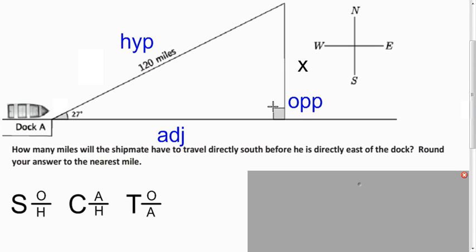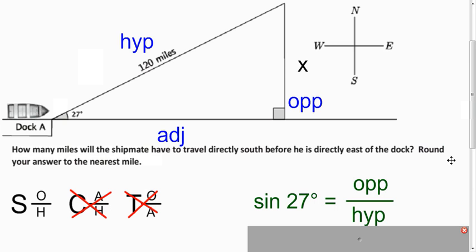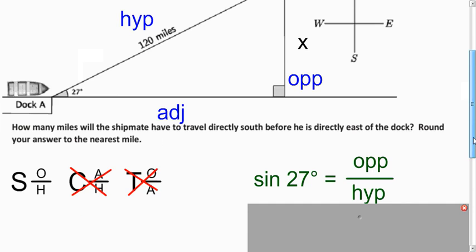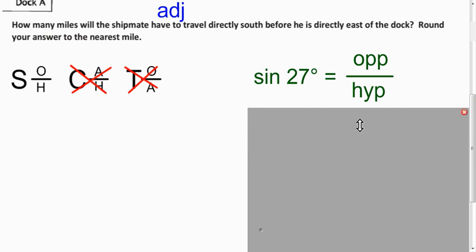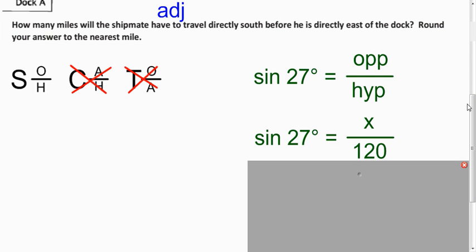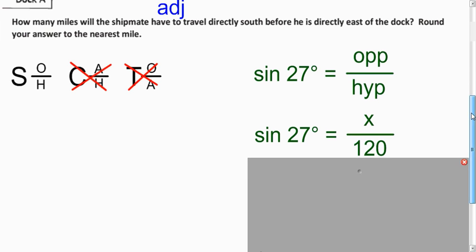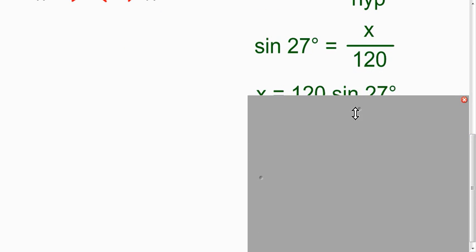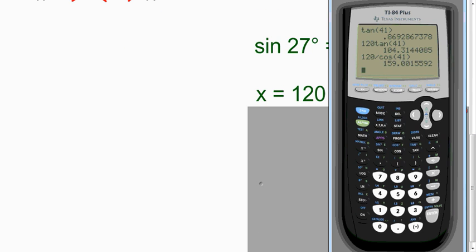So which ratio should we use here? Well, we're looking for opposite, so we shouldn't use cosine. And we know the hypotenuse, so we shouldn't use tangent, so we've got to use sine. So sine of 27 degrees is opposite over hypotenuse. That would be x over, sorry, x over 120. So x is 120 times the sine of 27.